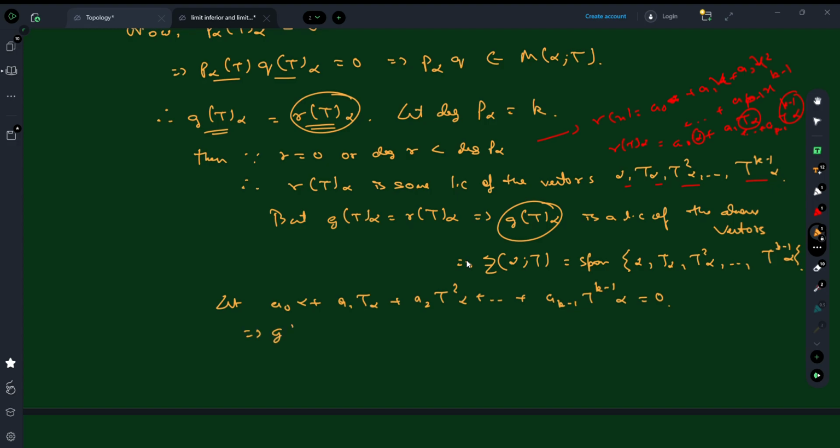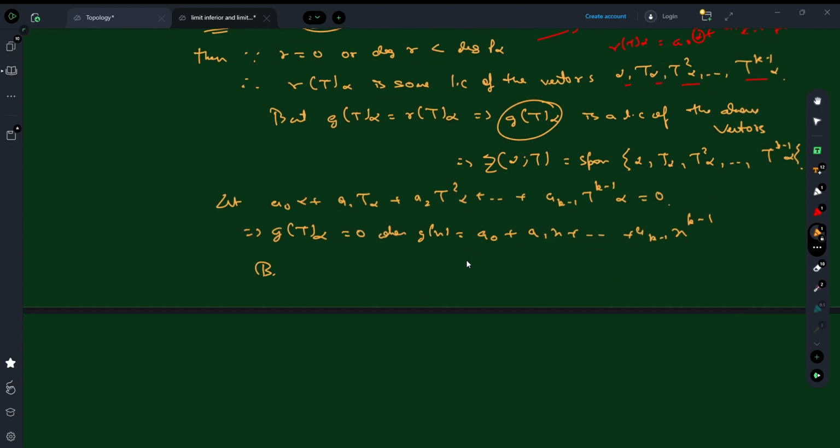But that typically means that it's of this form, right? Where this polynomial g(x) has acquired this form: a0 plus a1 x and so on till a(k-1) x to the power k minus 1. Right? But is this possible? Degree of g is less than degree of p alpha, which was considered to be k.